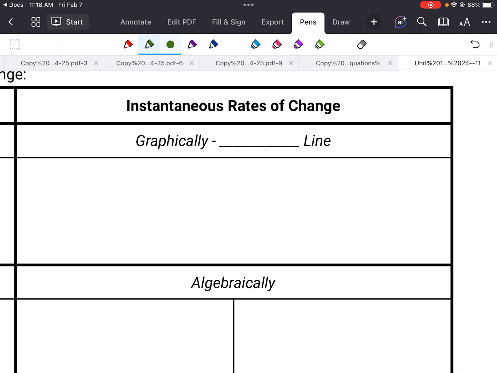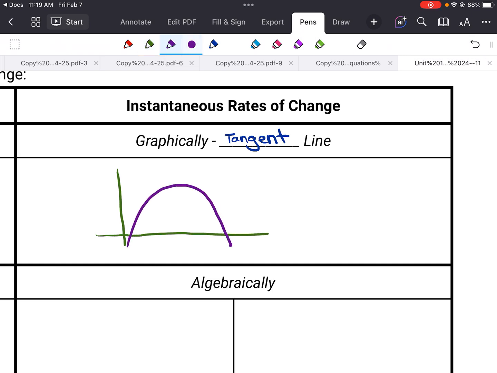Instantaneous rate of change, this is the new thing for you. It is the tangent line on a graph. And the tangent line, if we draw our parabola here, is a line at one specific spot.